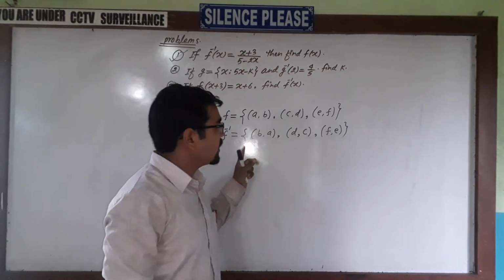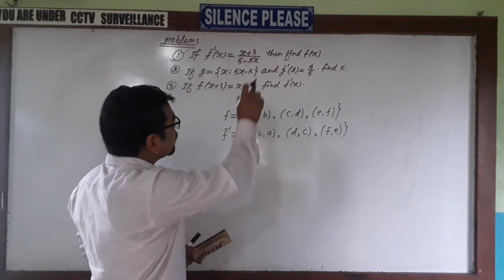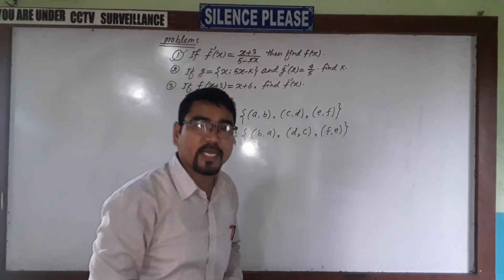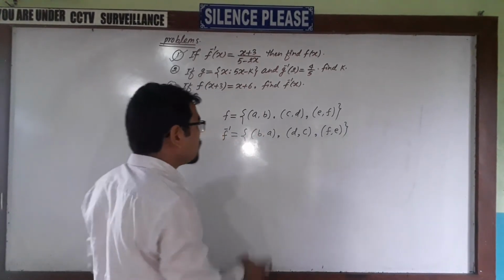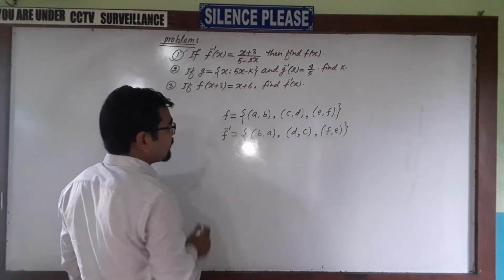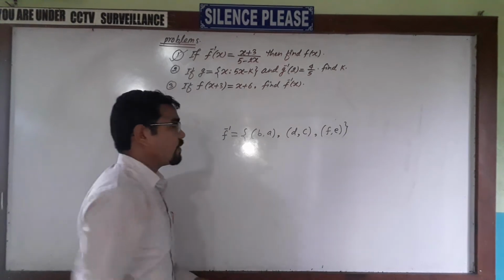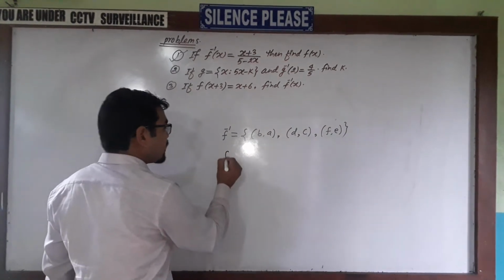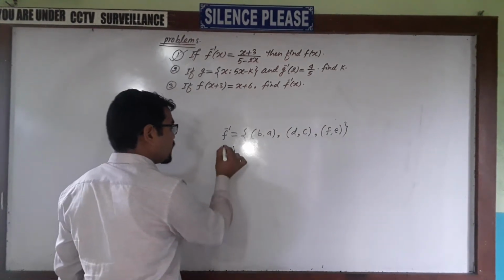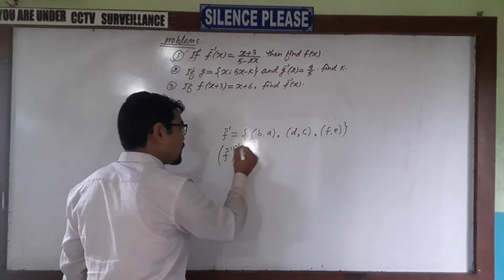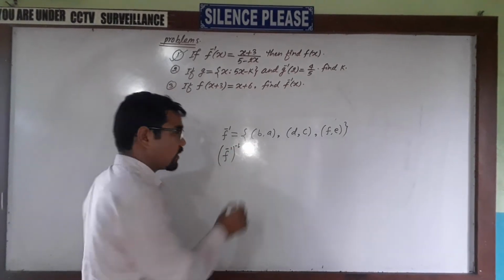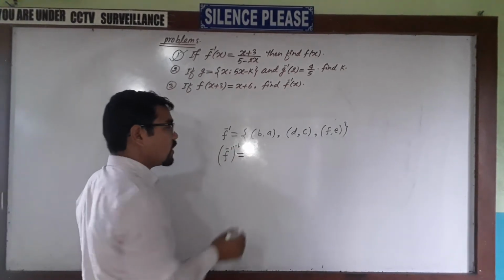If the function is given in ordered pair form, then we can find the inverse function like this. You know this very well. But here we have to find the inverse function of an algebraic expression. So suppose f inverse is given. Again, if you find the inverse of the inverse function, f inverse whole inverse, then what comes as our result? Look here.